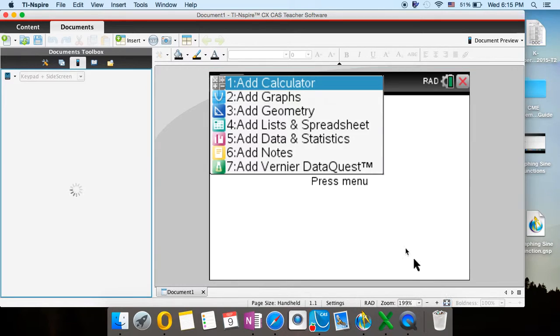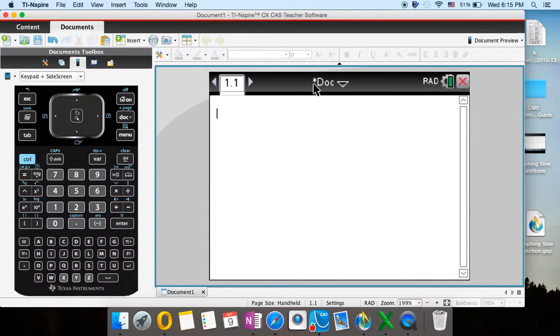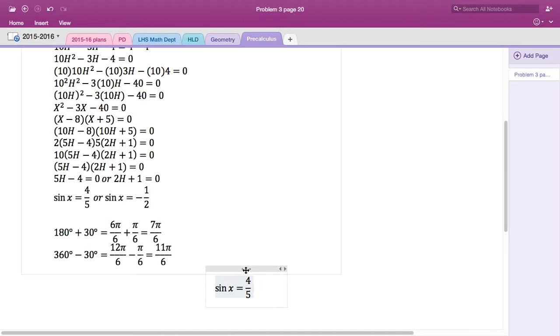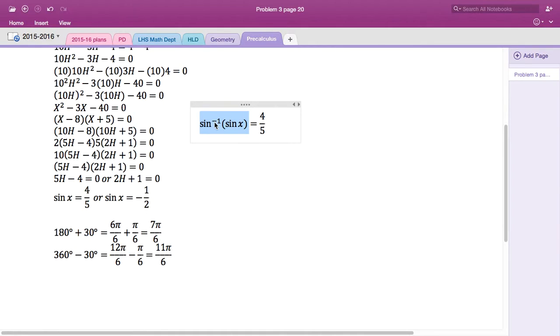So let's look at this. We have sine of x equals 4/5. Let me do that over here, right? We have to undo sine, right? So we multiply by the inverse of sine, so that these two undo each other.